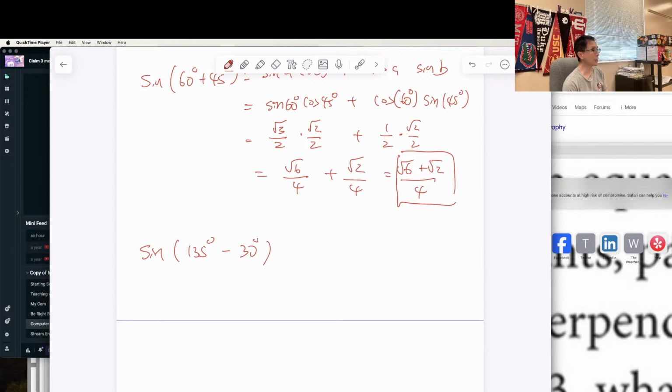Can I work it out this one? See if we get the same answer. Try it. Now it's minus sine. That's the only thing different.